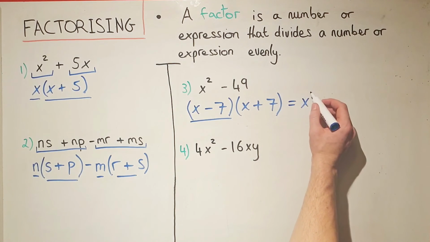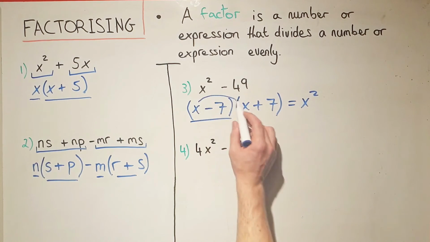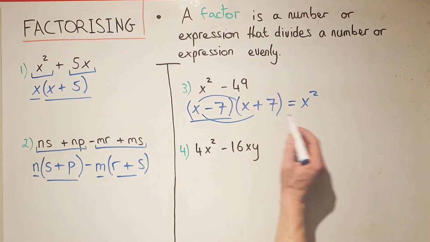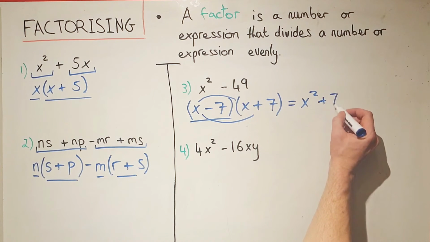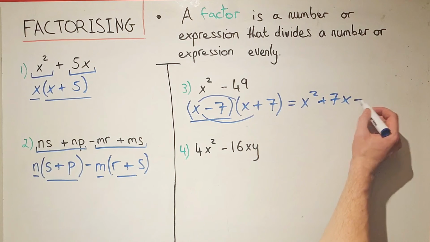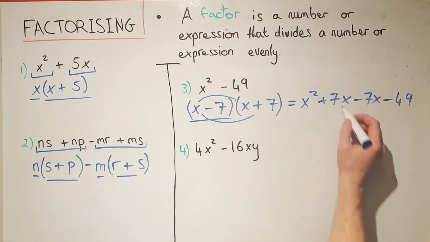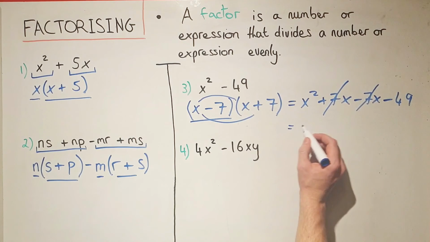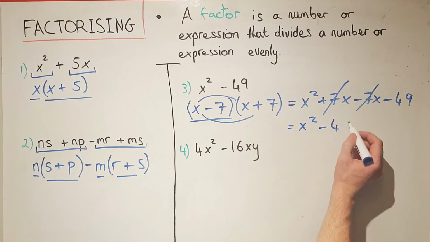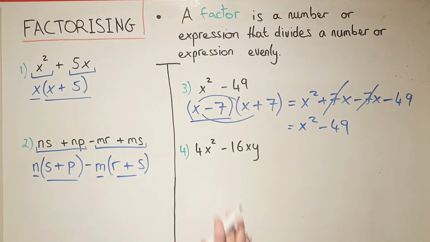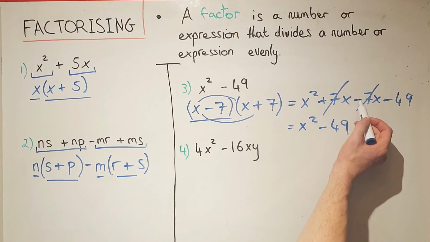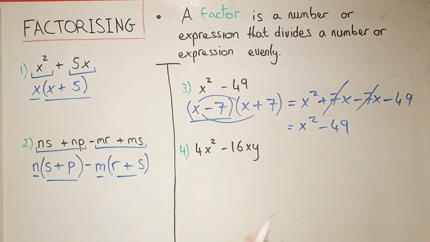If you multiplied it out, you'd have an x squared plus 7x minus 7x minus 49. This would cancel with this, leaving x squared minus 49. So we know that these are the correct factors. If this sign here was positive, you'd be left with a 14x expression in the middle.